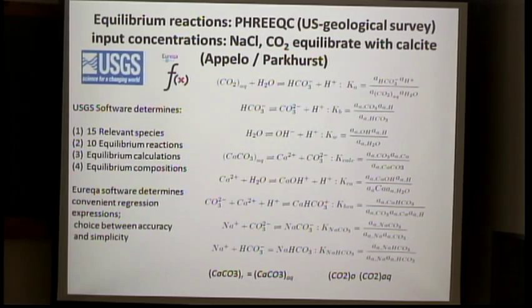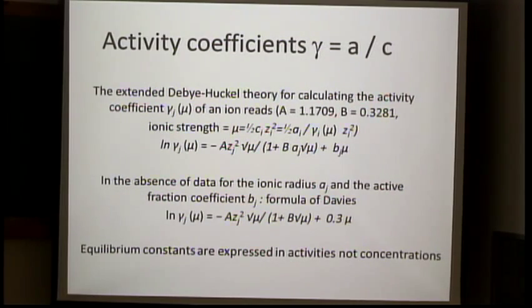I keep forgetting this. There's something else. If you want to be serious about your charge activity, you have to take into account the Debye-Hückel theory that relates ion concentrations to those activity coefficients that go there in the previous page.